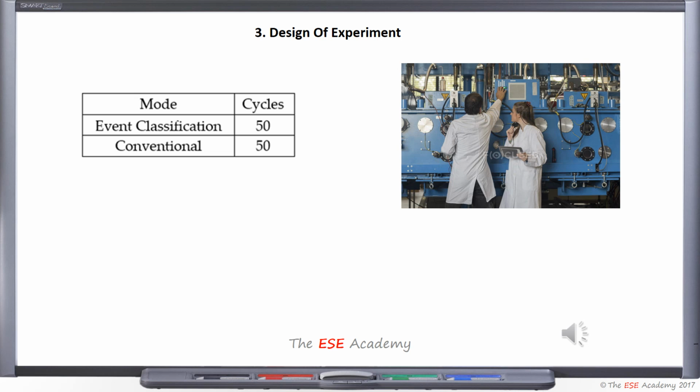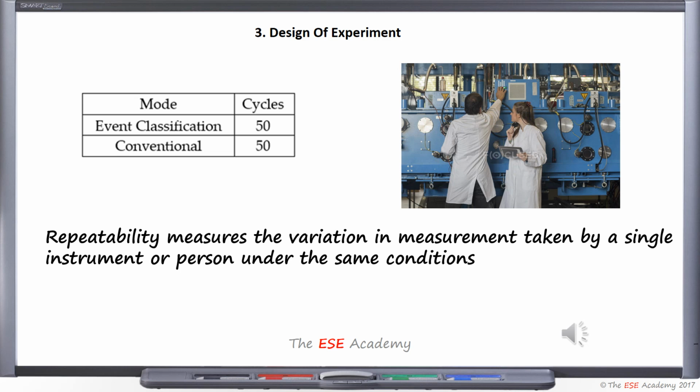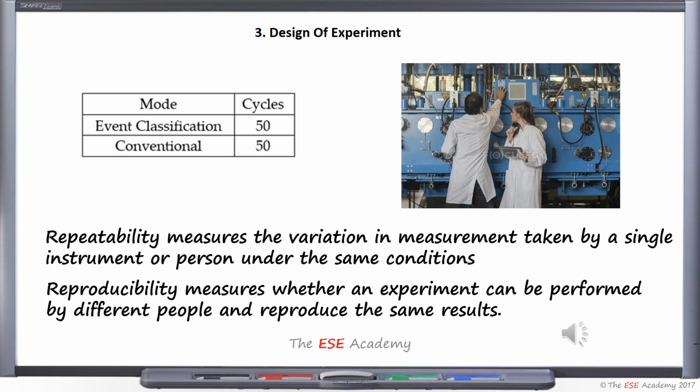This would ensure that the experiments are repeatable and reproducible. Repeatability means the variation in measurement taken by a single instrument or person under the same conditions. Reproducibility means whether an experiment can be performed by different people and reproduce the same results.